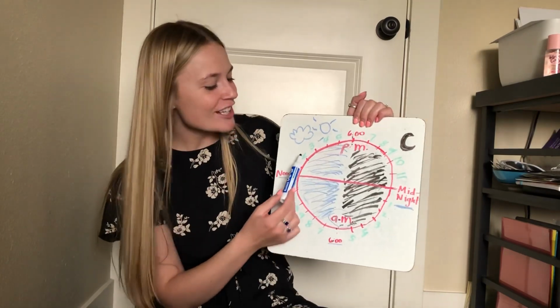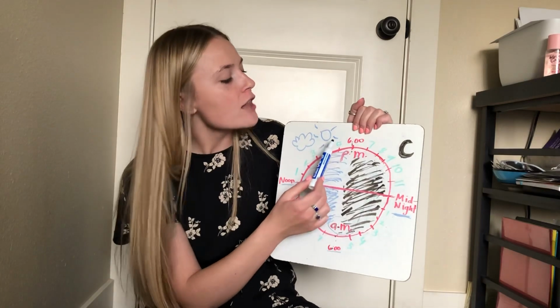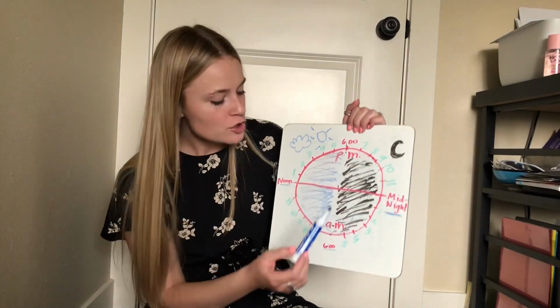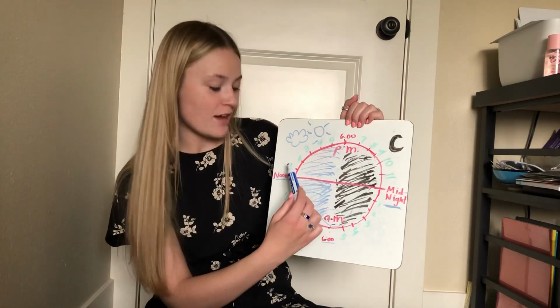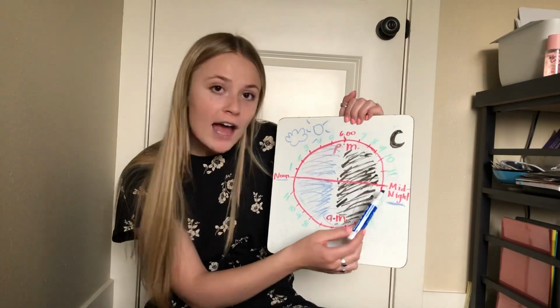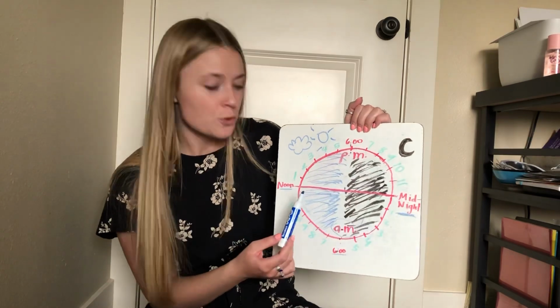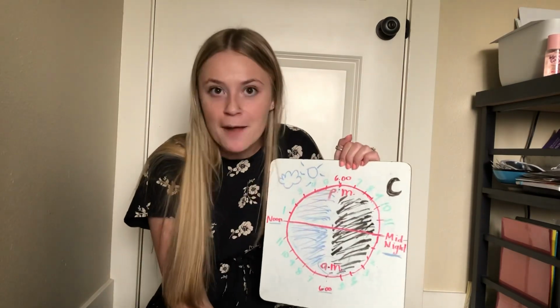So we have 1 o'clock, 2 o'clock, 3 o'clock, and then we're out of school. 4 o'clock, 5 o'clock, 6 o'clock, and then we have dinner. See how we have 1 o'clock, 2 o'clock over here. We also have 1 o'clock, 2 o'clock over on the other side, because we have 12 hours from midnight to noon, and then we repeat those 12 hours from noon to midnight, and that is a full day.